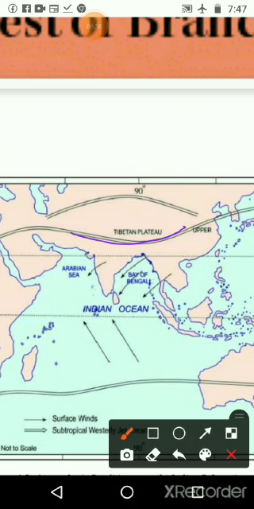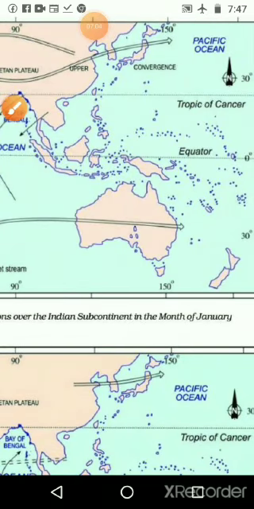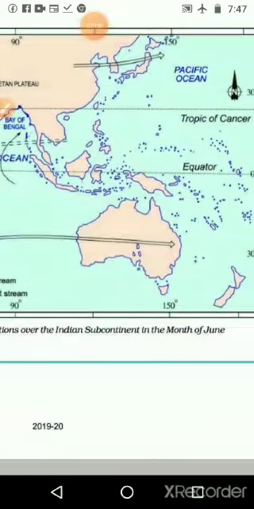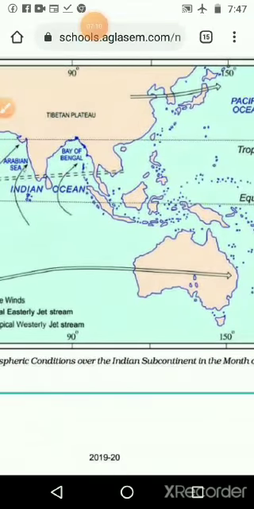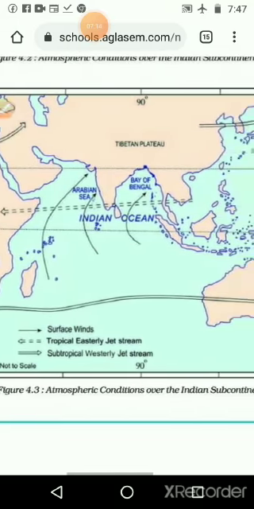At the same time, we can see in the season given here, in the month of January, that is the winter season, and here it is given the month of June, that is the monsoon season. So what we are saying here, the easterly jet streams are passing through the Indian subcontinent, especially the Indonesia part as well as the Indian part, and the parallel wind is moving above the Himalaya, meaning the northern part of Himalaya.